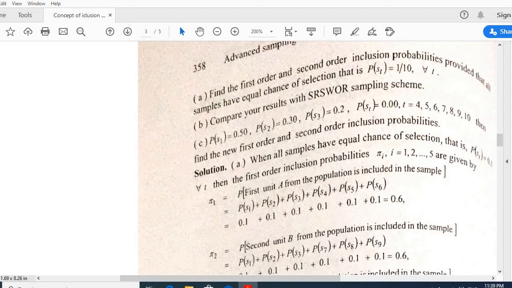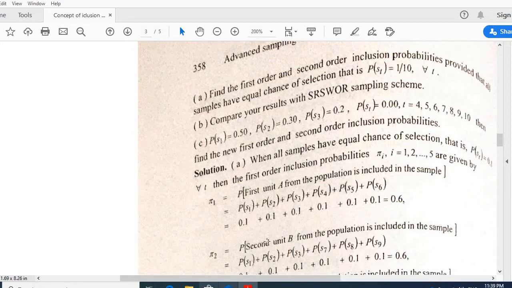pi 2, the probability for the selection of the second unit, that is B, in the sample from the population. Now we have to see which possible samples have the second unit.